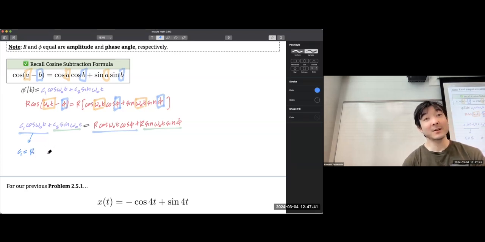Just R, not just R, right? Yes, that's the only way you're going to get this to be true. And then the other one, C2, has to equal what?